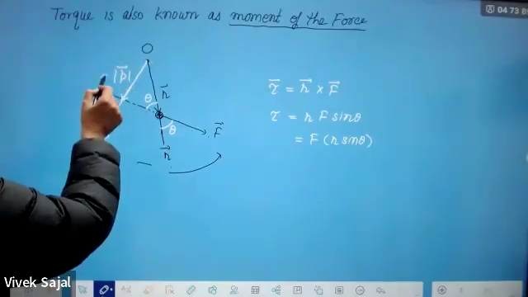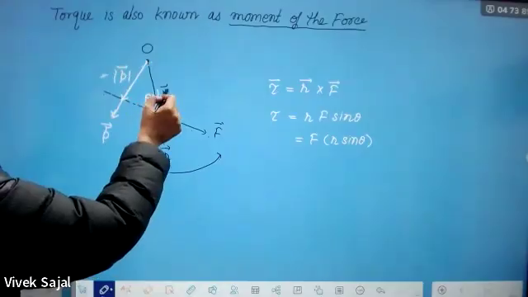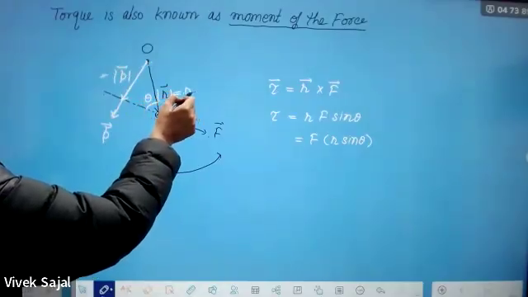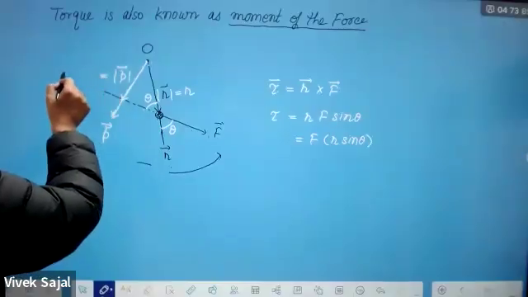What will this P be? This is r, and the angle is theta. So this P will be r sine theta.